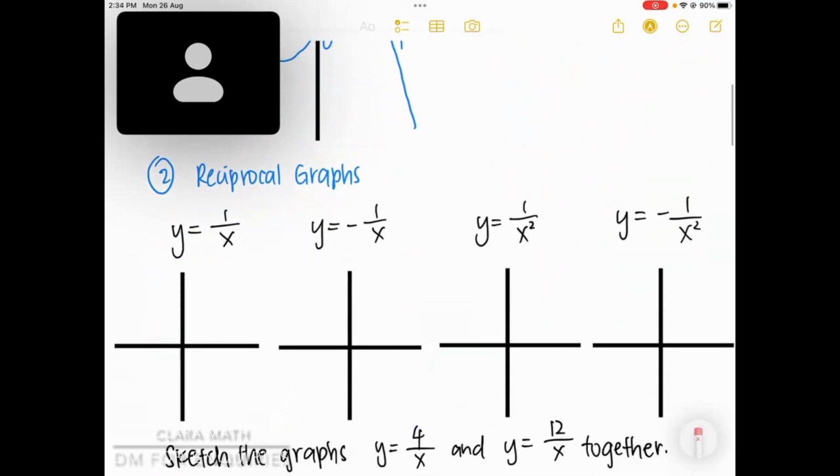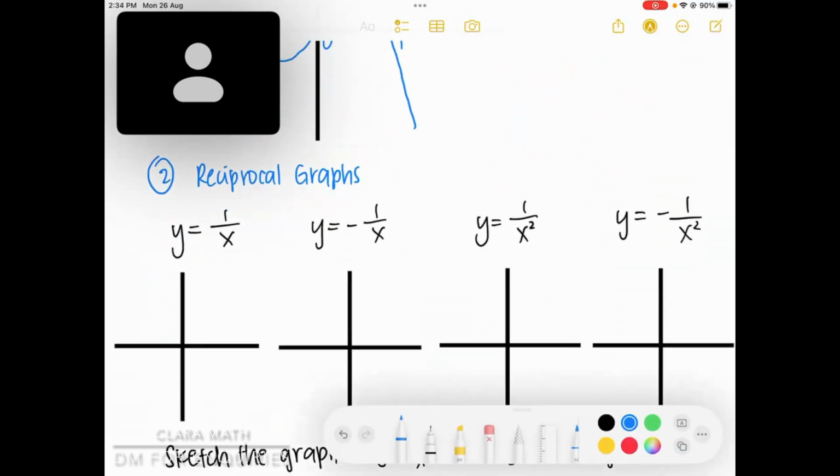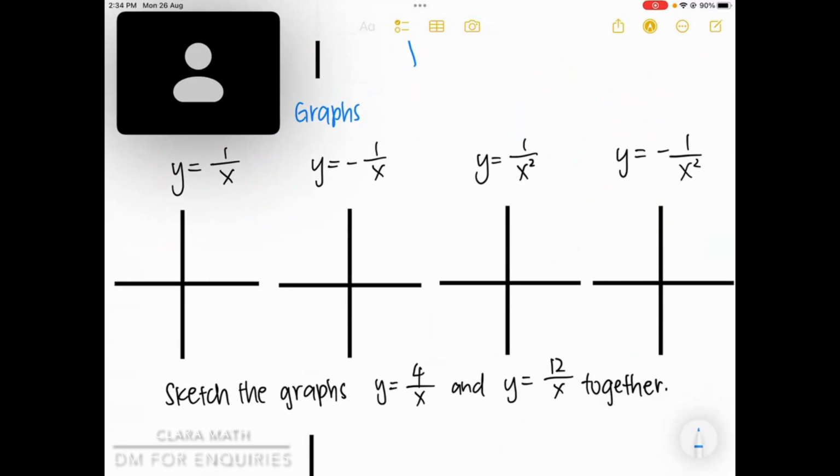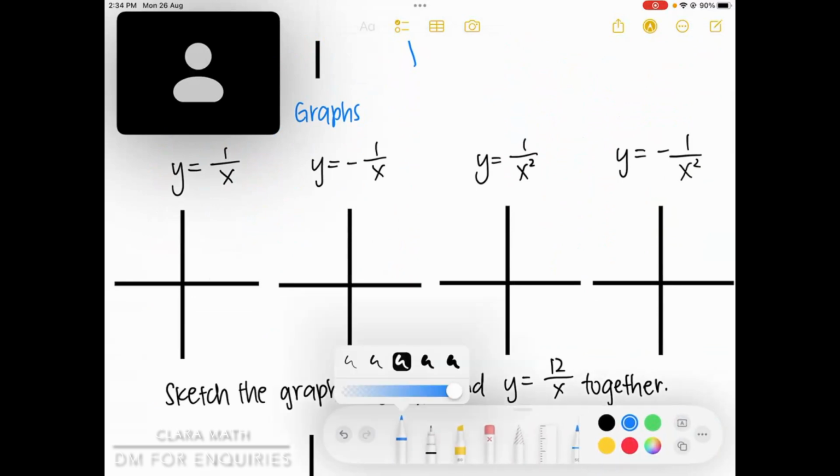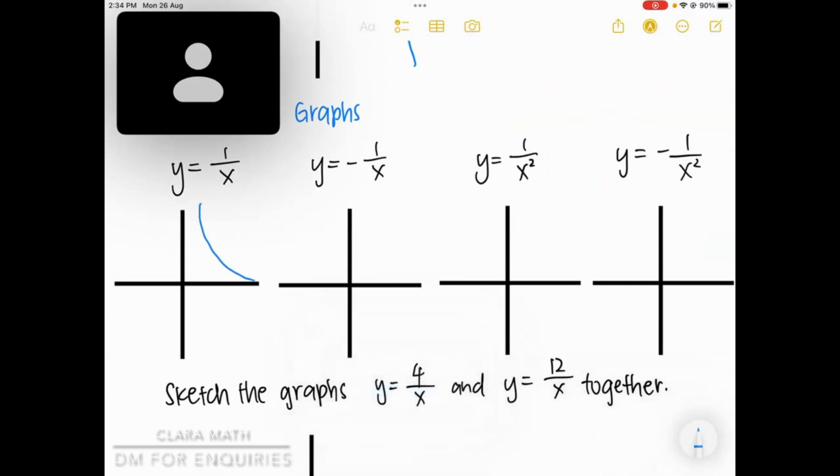Next one is a reciprocal graph. So I listed out the main kinds that you should know. The 1 over x graph and the negative version, and then the 1 over x squared graph and the negative version. You have to memorize that 1 over x looks like this. Okay. Try not to let it touch the axis.